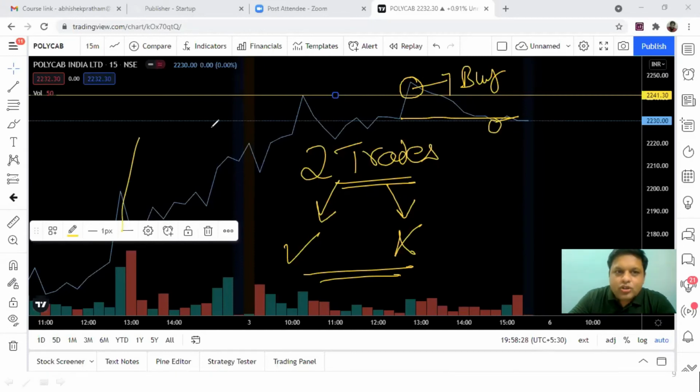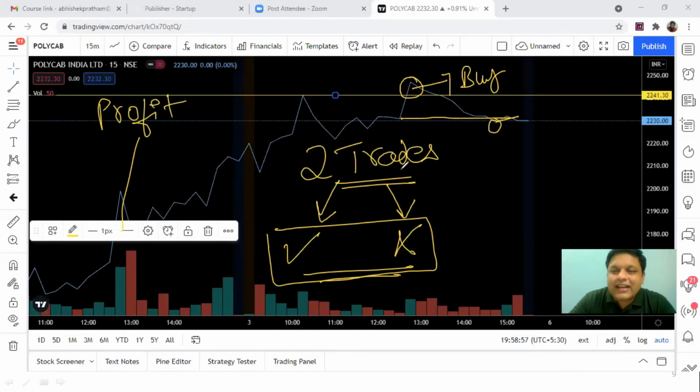So one has to be very clear what we are talking about. I was right one time, I was wrong one time. But today should be my profitable day or a loss-making day. With this trade, I should end my day on a profitable note, or a loss-making note, or a no profit no loss zone. It should end in a profit.